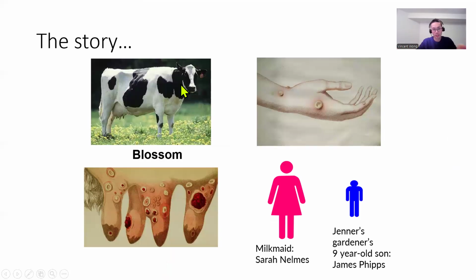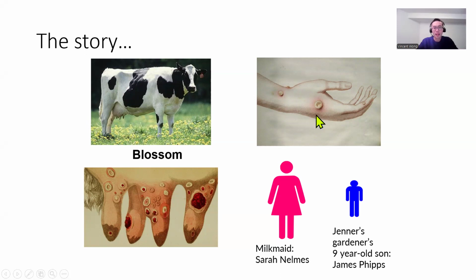Right? There was a cow. This is for real. This is a story according to Wikipedia, but I've read about it elsewhere too. He had a cow named Blossom, and Blossom had cowpox. Cowpox are these little sores that grow on the udder. The udder is where you squeeze the cow for the milk.